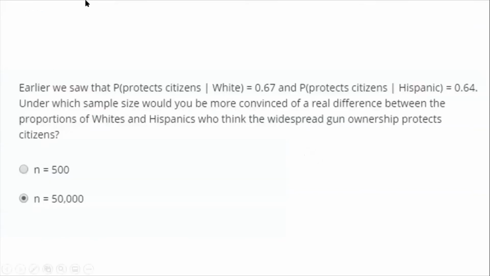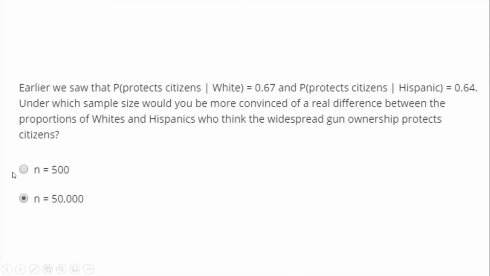forward. Earlier we saw that the probability of saying gun ownership protects citizens, given the respondent is white, is 0.67, and for Hispanic ethnicity, it's 0.64. Which sample size would make you more convinced of a real difference between the proportion of whites and Hispanics who think widespread gun ownership protects citizens?